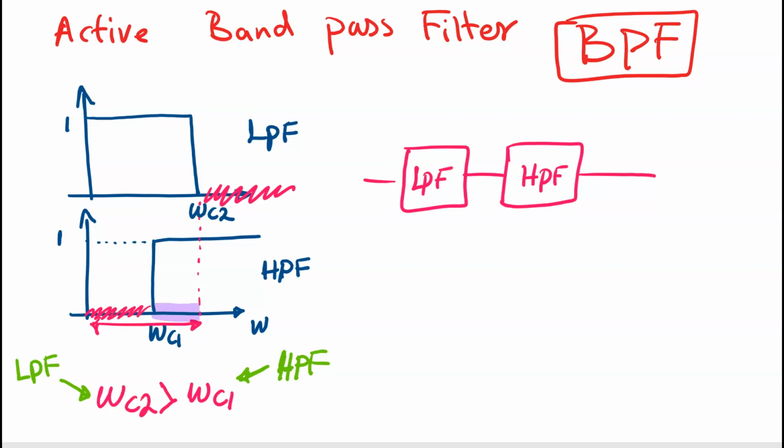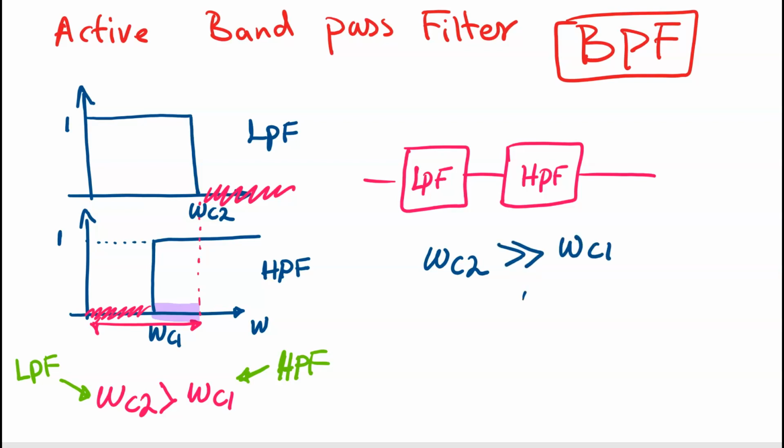I'm going to show you that if you want to have cutoff frequencies for your bandpass filter exactly equal to the cutoff frequencies of the low-pass filter and the high-pass filter that are cascaded, then you have to make sure that your omega C2 is much greater than omega C1.